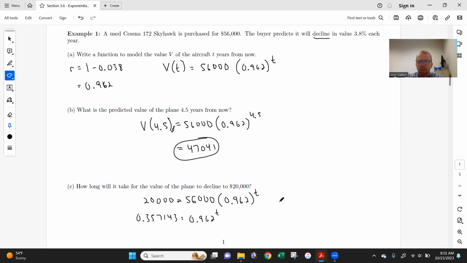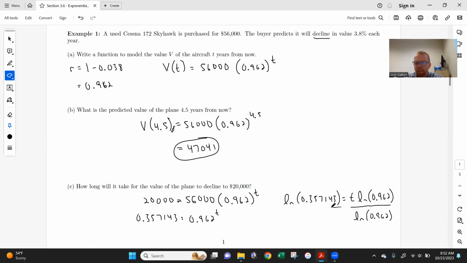All right, so now we need to take the ln of both sides, or convert it to a logarithm equation. So take the ln of both sides, ln of 0.962 to the t. We'll bring the t down in front, so we have t ln of 0.962, and then we divide both sides by that.